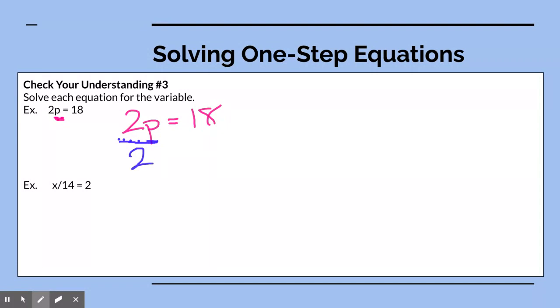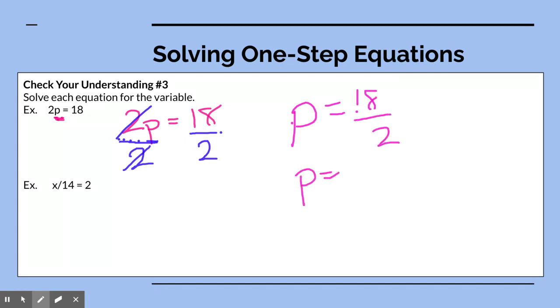So it should be 2p divided by 2, and what we do to one side, we have to do to the other. This cancels out, and we should be left with p is equal to 18 divided by 2, and 18 divided by 2 is 9.